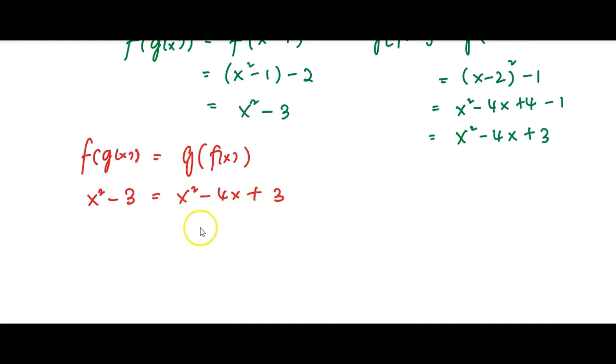Now we are going to solve for this quadratic equation, but later on you can see that the x squared will be omitted, and you have negative 4x equals negative 3 minus 3, that will be negative 6. And later on you will get x equals 6 over 4, which equals 3 over 2.